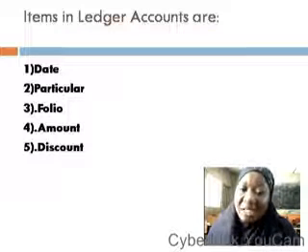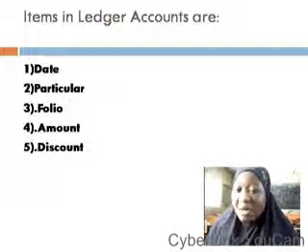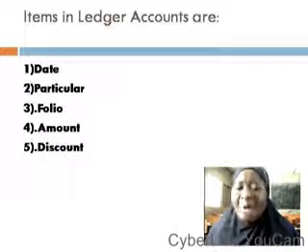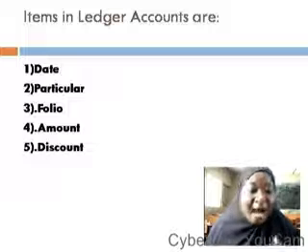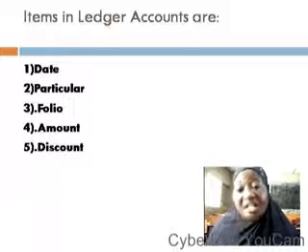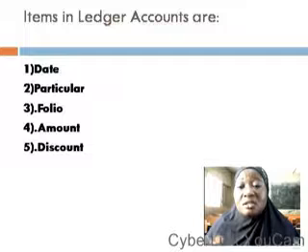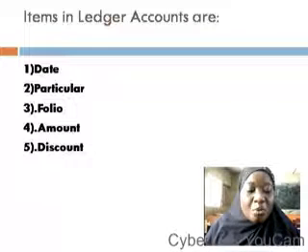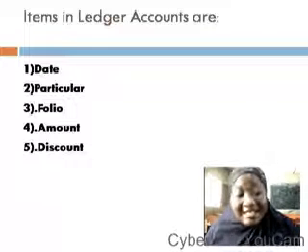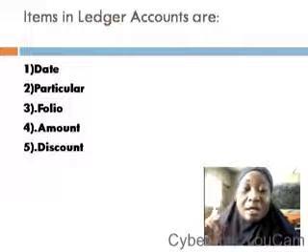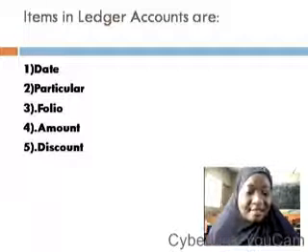Some prepare theirs annually, monthly, weekly, and so on. But assuming I'm preparing mine weekly, I will first record my transaction in the journal. By the end of the week, when I want to transfer it into my ledger account, I must ensure that the exact date of each transaction is recorded in the date column.